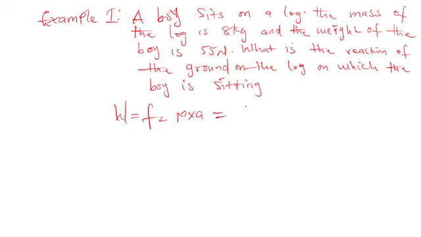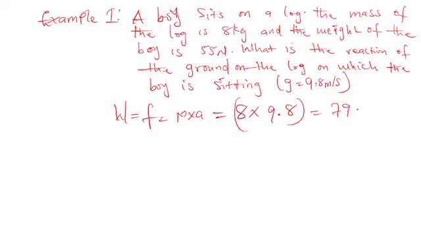The mass of the log is 8 kilogram, and the acceleration due to gravity was given to us as 9.8 meters per second squared. So the weight of the log is 8 times 9.8, which is 78.4 Newton. And the weight of the boy is equal to 55 Newton.